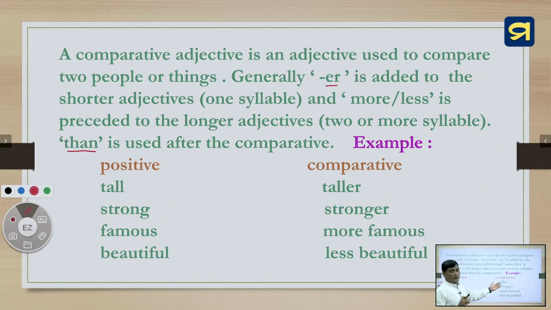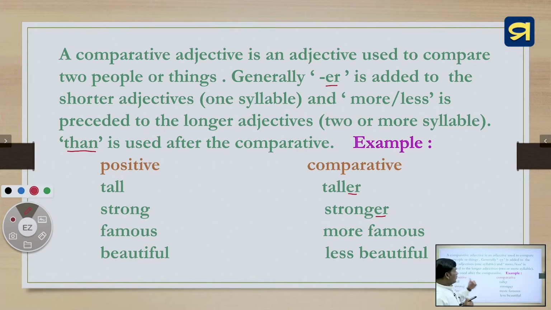Tall, the comparative form of tall is taller. ER has been added here. Tall is the base form and ER is added here. Strong, again it is a shorter adjective or one syllable adjective. ER is to be added here, and stronger. Famous, more famous. Famous is a two syllable word, so ER should not be used here.